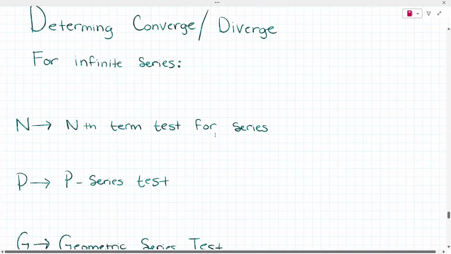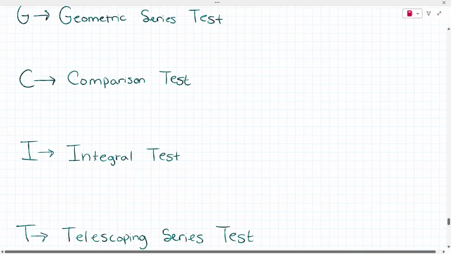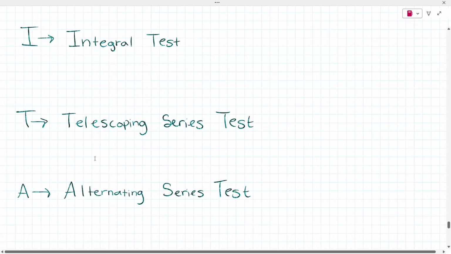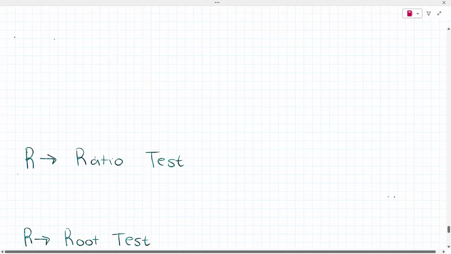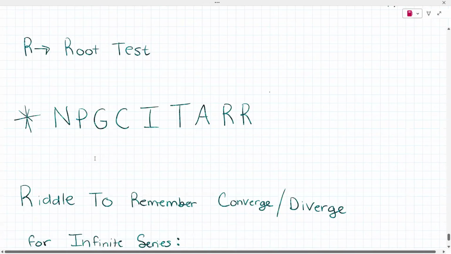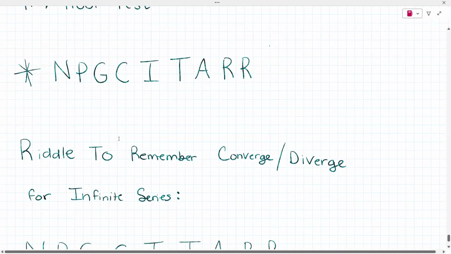You have the nth term test, the p-series test, the geometric series test, the comparison test, the integral test, the telescoping series test, the alternating series test, the ratio test, the root test, and you can use this riddle, NPGCITARR, to remember them.